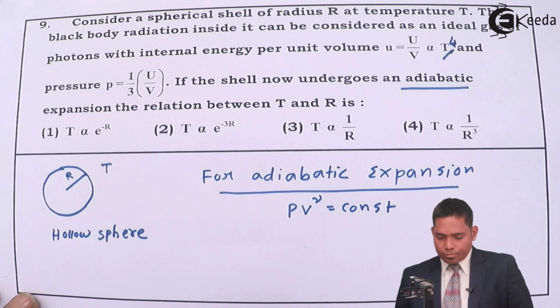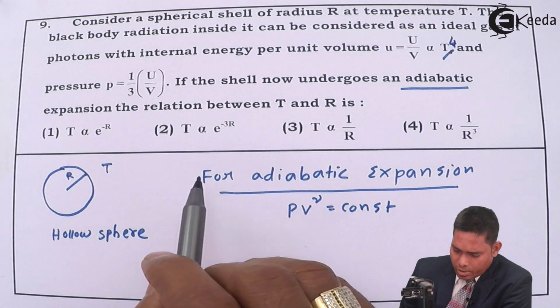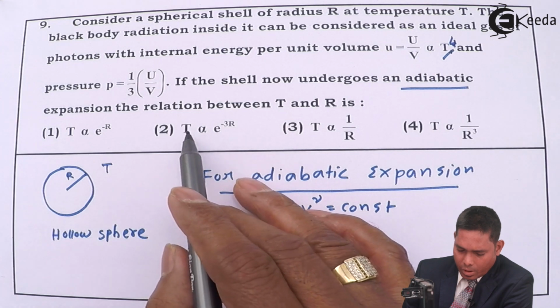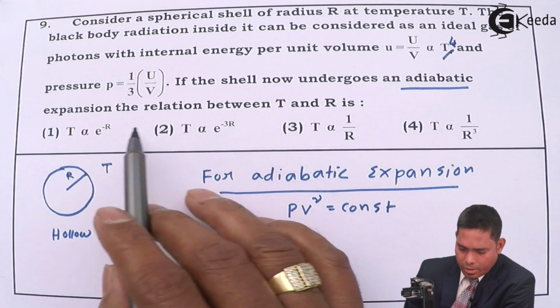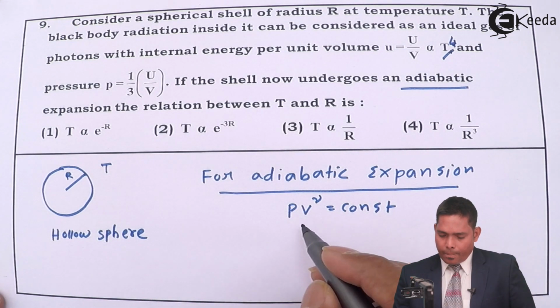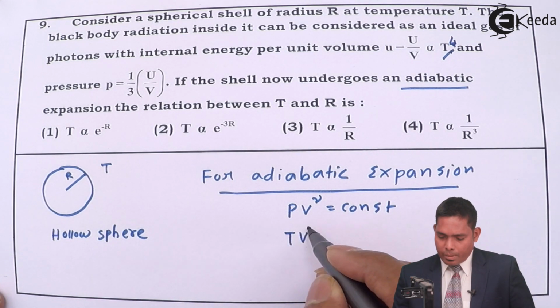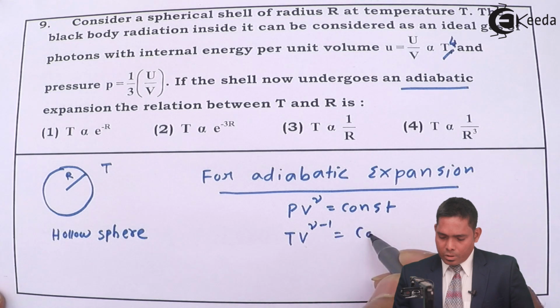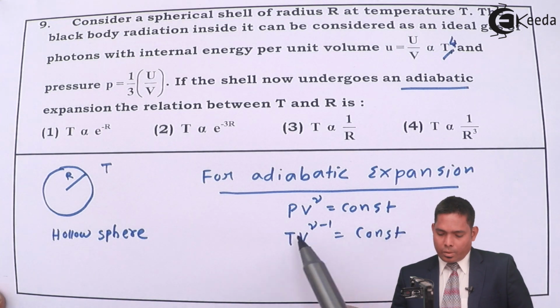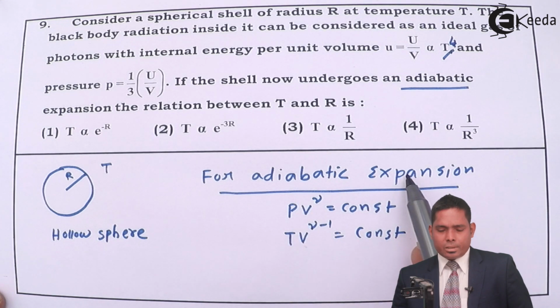Now the relation is not about P, this is about T and R. So I will write TV raised to gamma minus 1 is constant. This is also an equation that is used for adiabatic expansion.